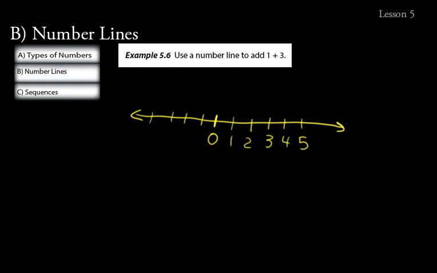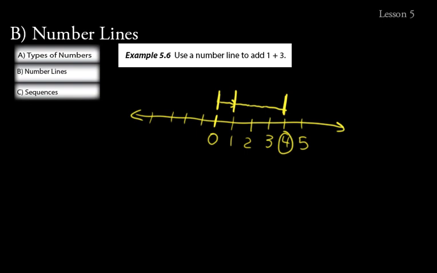Okay, so now what we want to do is, if we're adding 1 plus 3, we want to start at 0 and go to the right 1. And then we add 3 more to that. So 1, 2, 3. And where are we at? We're at 4. Okay, but you already knew that.